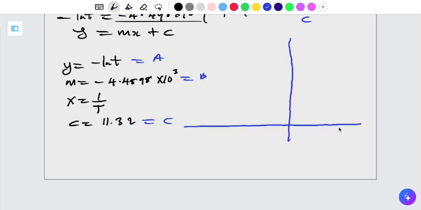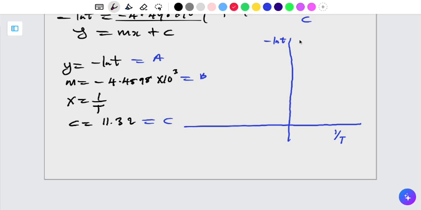So what am I going to have in the x, and what am I going to have in y? In y, we have negative ln t. Then on x, we have 1 over t. So I'm just getting from here. So y is negative ln t, so I'm going to indicate that. Then x is 1 over t. So this is what I have.